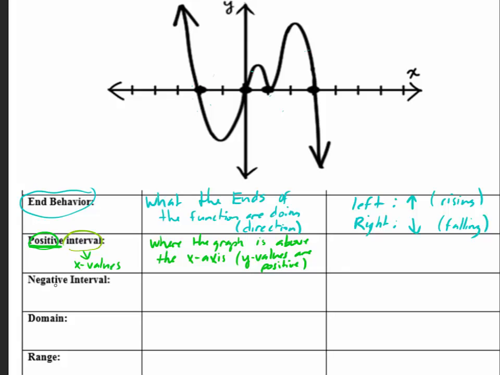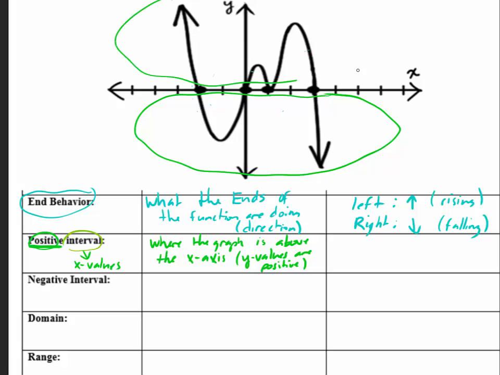So negative intervals, it's just kind of the opposite of that. It's where the graph is below the x-axis, or where the y values are negative. Okay, and when I say y values are negative, I'm talking about when they're down here, versus positive is when they're up here. This would be positive, this is negative. And we're going to talk about the intervals where that happens.